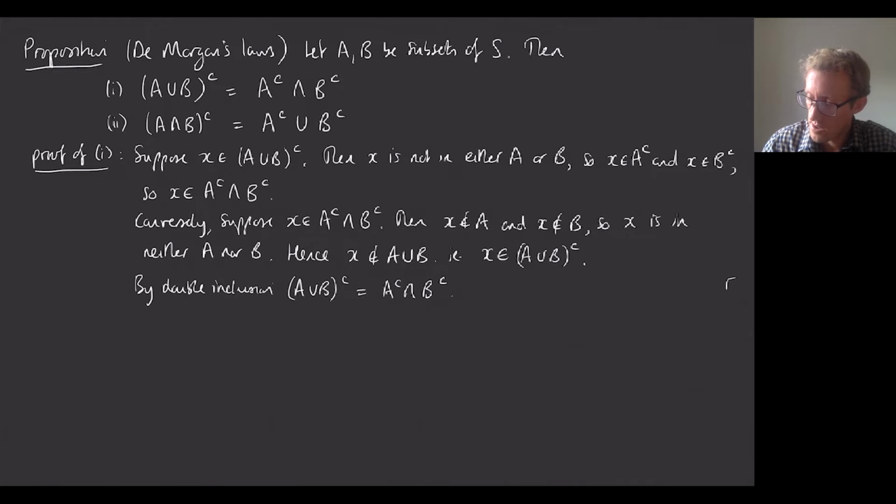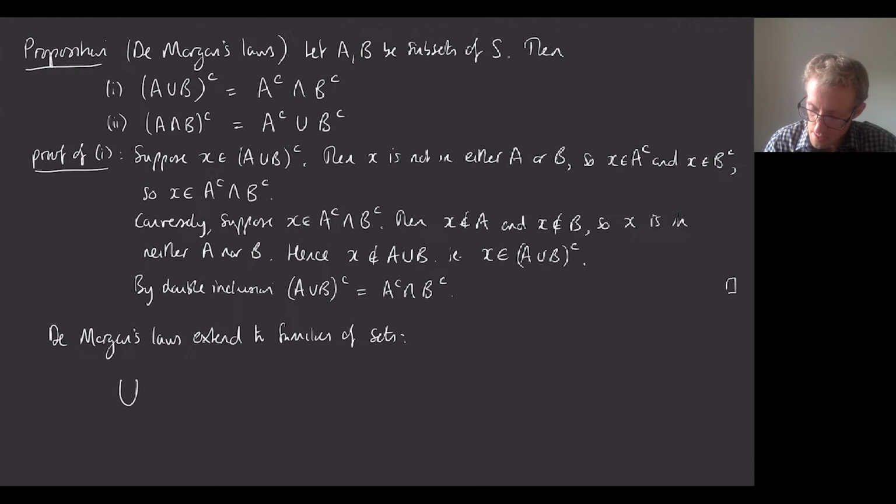Okay, and as I say, I'll leave the second one for you to have a go at, following basically a very similar argument. Okay, so these are quite important laws, and they apply even if we have unions and intersections of more than two sets. So I'll just say here that De Morgan's laws extend to families of sets.